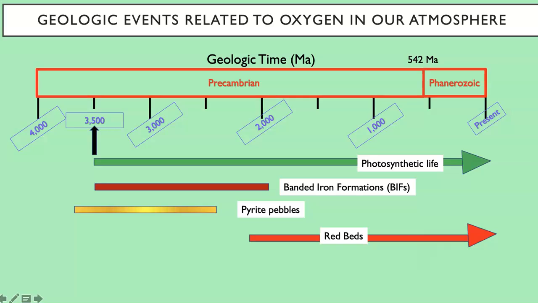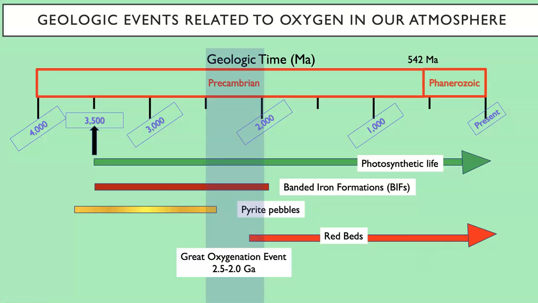So now let's add the key to this puzzle, which is the Great Oxygenation Event. And you can just kind of shade this region here between about 2.5 to 2 billion years ago, or 2,500 million to 2,000 million years ago. This region is what we call the Great Oxygenation Event.